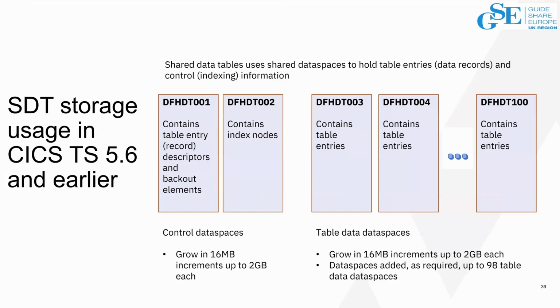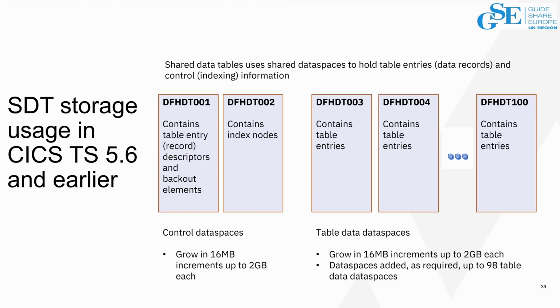If you could look under the bonnet and see what's happening inside, the way it's implemented is by a series of 31-bit data spaces that are connected to the FOR that's got the shared data table. There can be up to 100 of these 31-bit data spaces, each 2 gig in size, so you can have up to 200 gig of data.